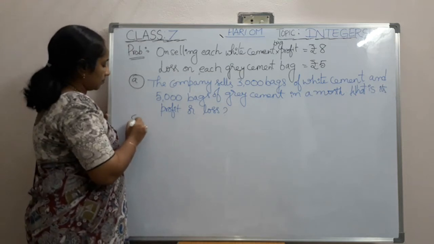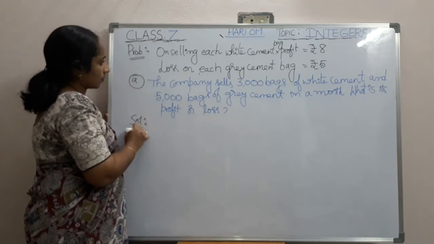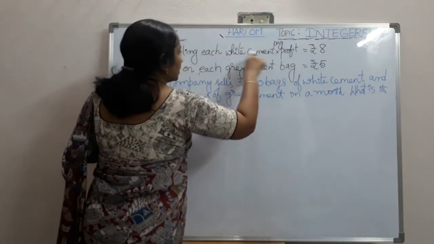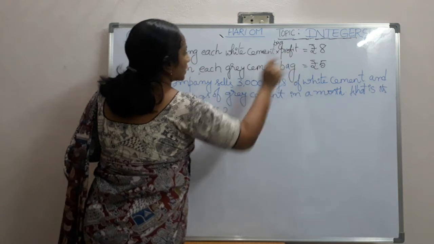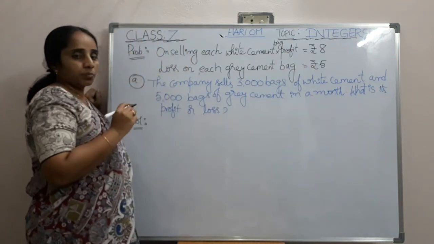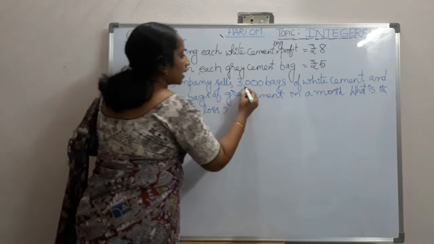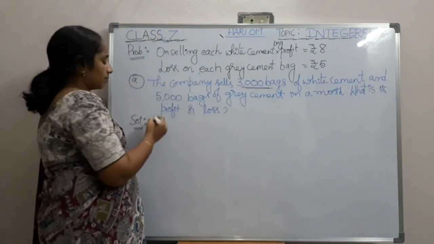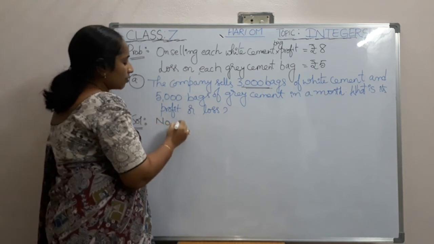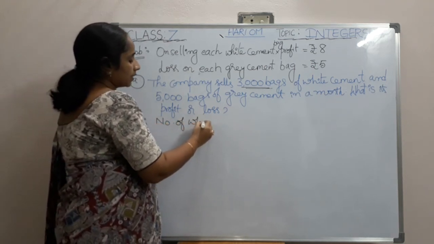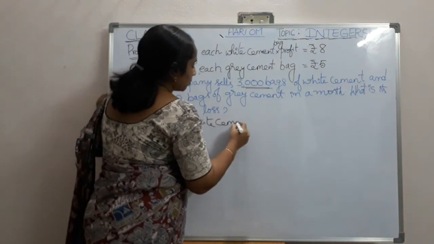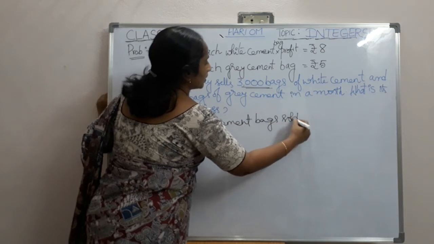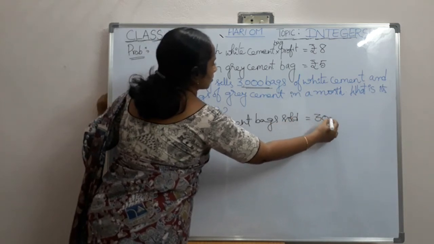Here, what is the profit on each white cement bag? It is 8 rupees. Number of white cement bags sold is 3000.